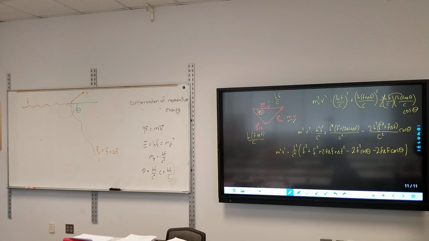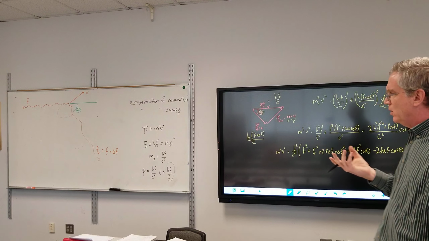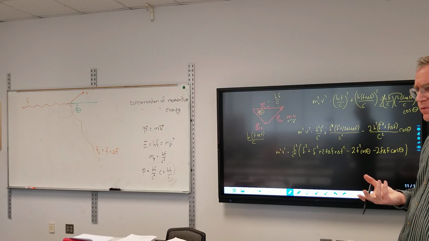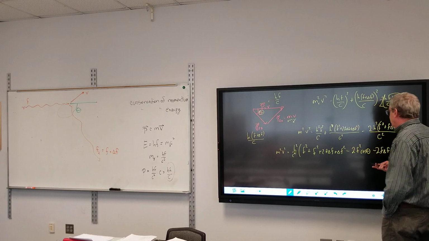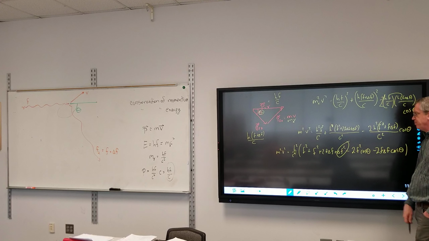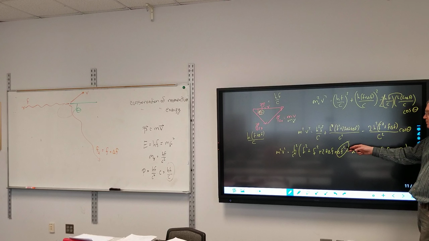If we work under the assumption that the change in the frequency is small compared to the frequencies themselves, then the delta f squared term really gets dwarfed by everything else. You could factor f out, and then you'd have delta f over f, which would be small.